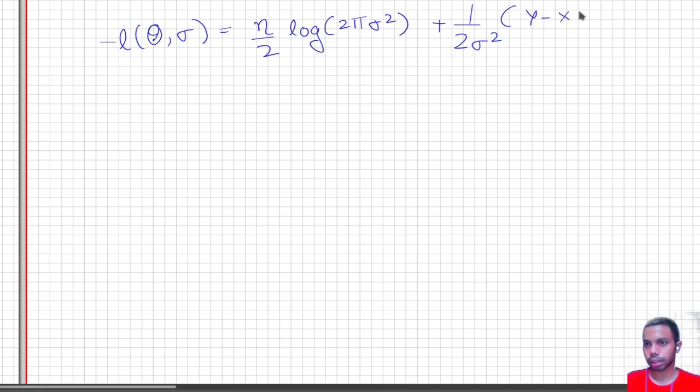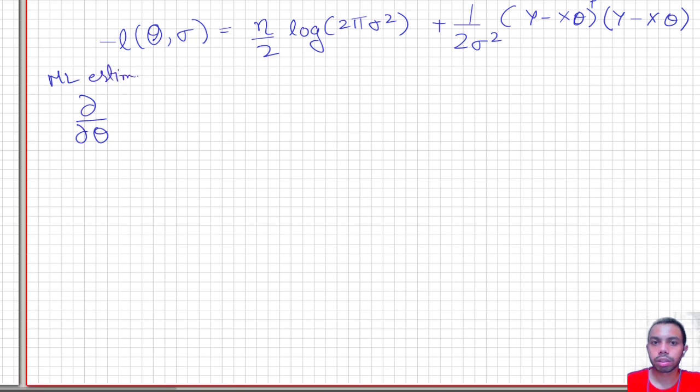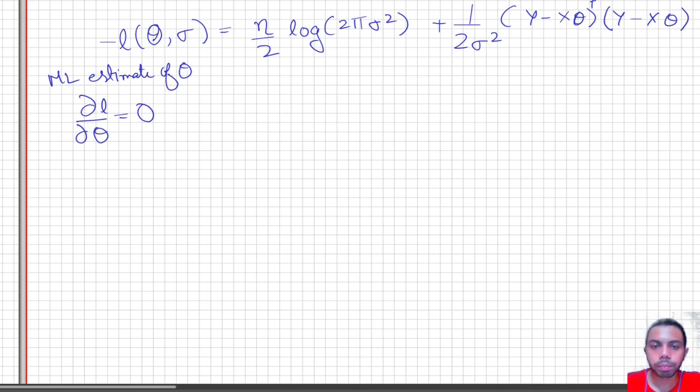So I have (y minus x theta) transpose into (y minus x theta). If I look at the ML estimate of theta, let me write it down: del theta of L equal to 0.